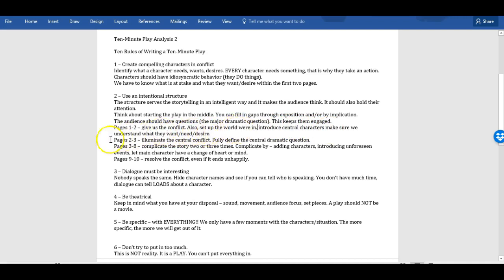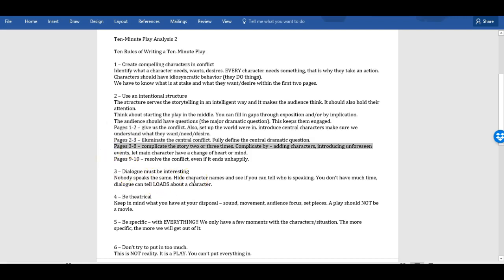Okay. Pages 2 to 3, you illuminate the central conflict, which you should be able to articulate. You should be able to say, this is the central conflict of this play. You need to fully define the major dramatic question in pages 2 to 3. Pages 3 to 8, you simply complicate the story 2 or 3 times.